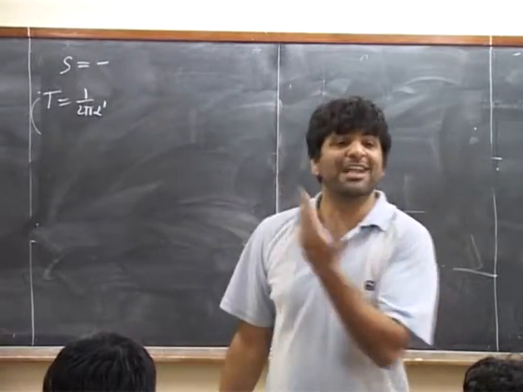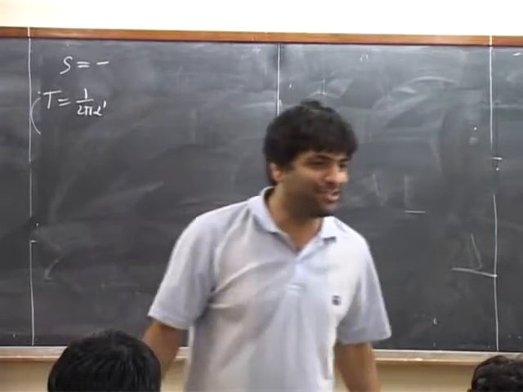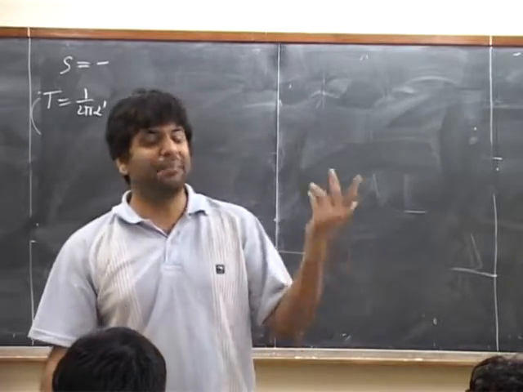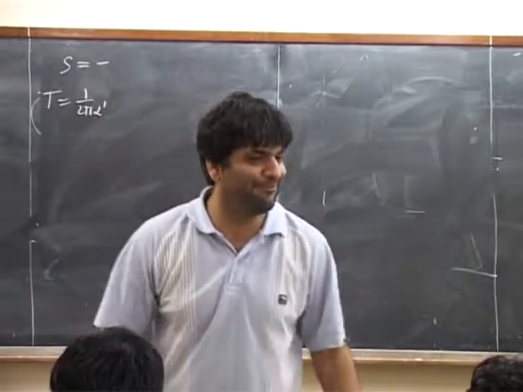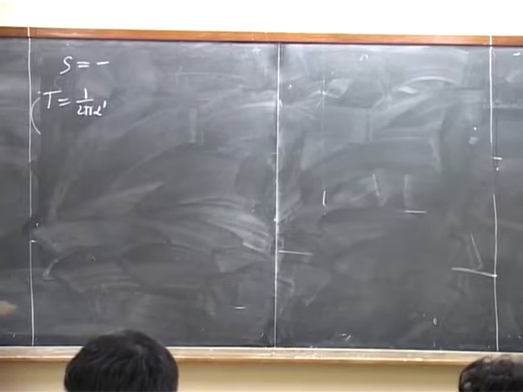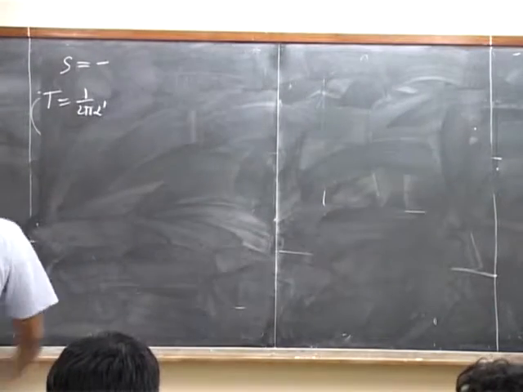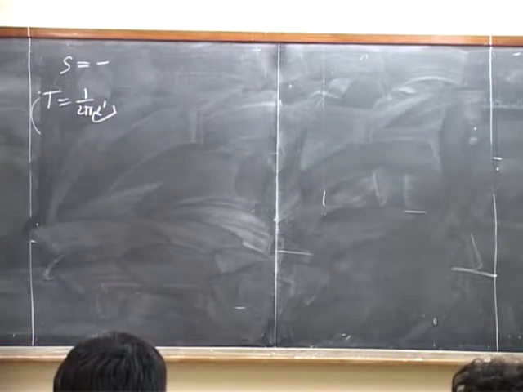Tension is mass per unit length. Mass and energy have the same dimensions because c is 1, and mass and inverse distance also have the same dimensions because h-bar is 1. So we've got mass per unit length, which is 1 over length squared. Therefore this quantity, alpha prime, has dimensions of length squared.